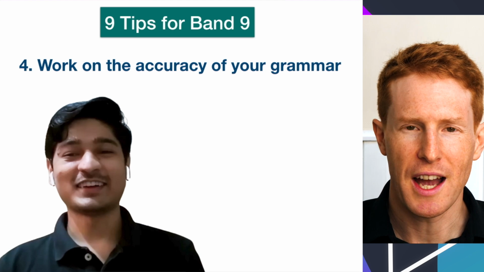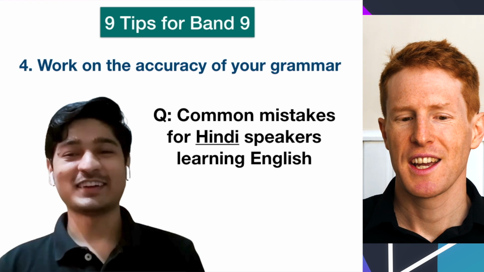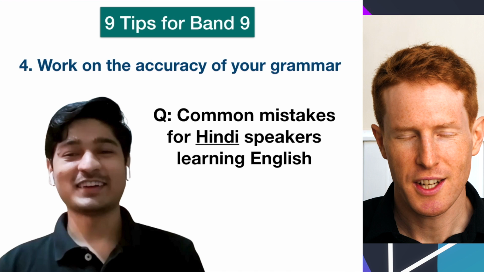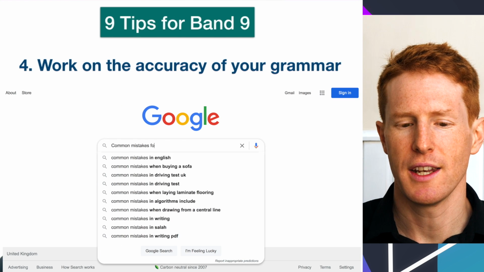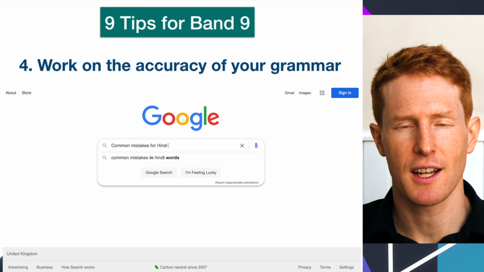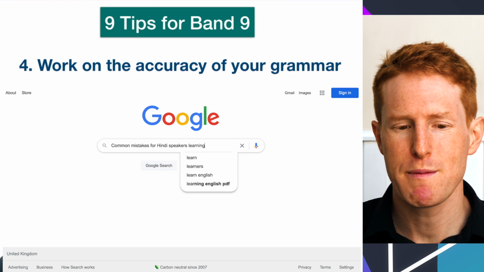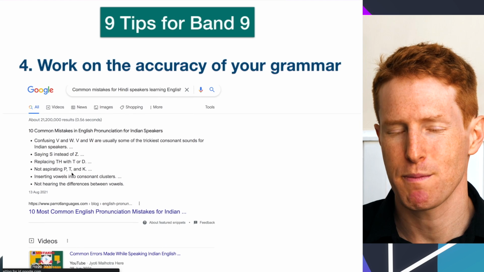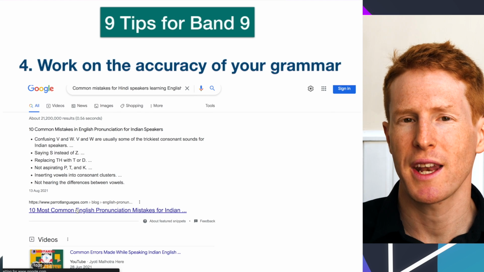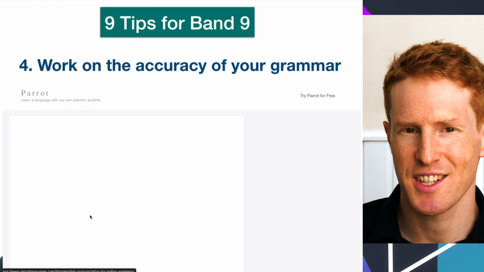Now, something else that Yash and I spoke about is this. Into Google or any search engine, you can type in common mistakes for, and then in his case, Hindi speakers learning English. So common mistakes for Hindi speakers learning English, or for Italian speakers learning English, or Spanish speakers learning English.